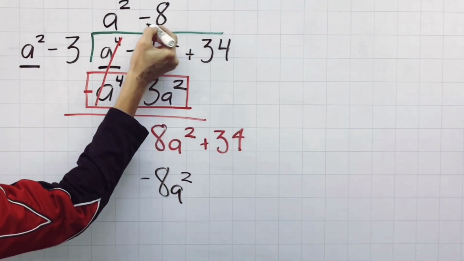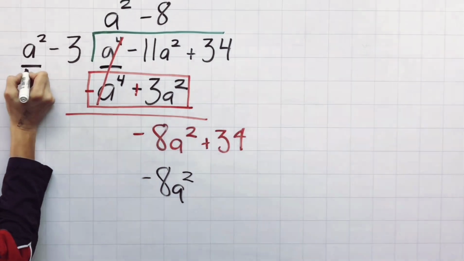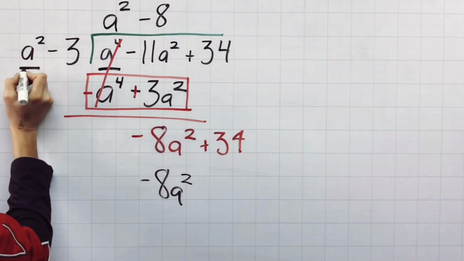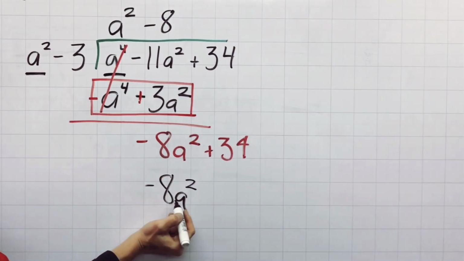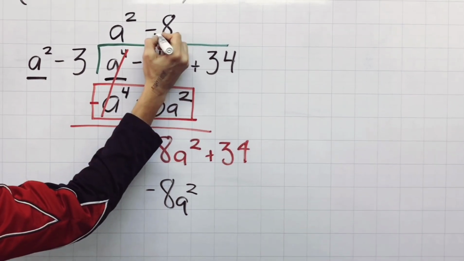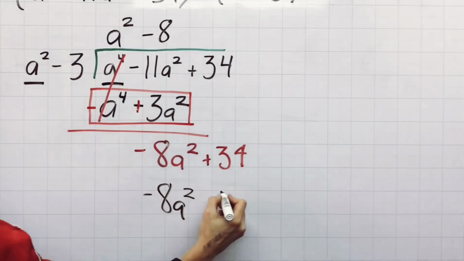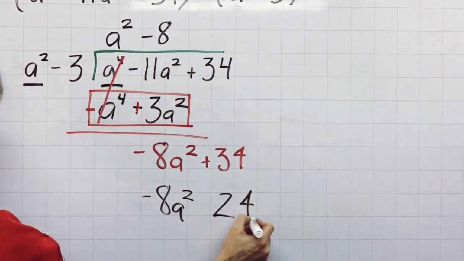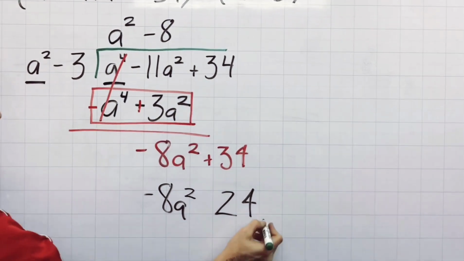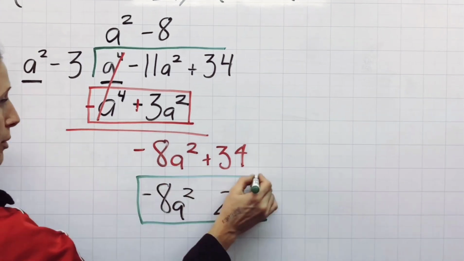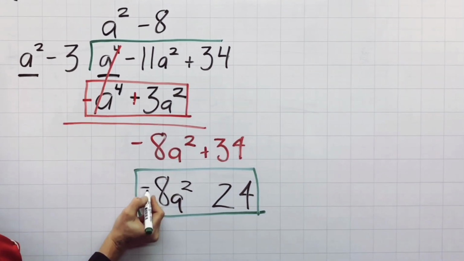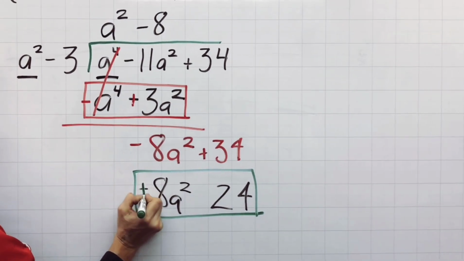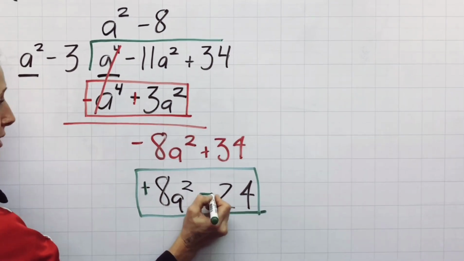Remember, what you multiply here times the term that you have in the divisor, it always has to give you the same value that you have here to make sure you're not making a mistake. So then I have minus 8 times minus 3, that's 24. Then I have to subtract this whole term that I have here. Subtracting both, so minus a minus would become plus, and minus 24.